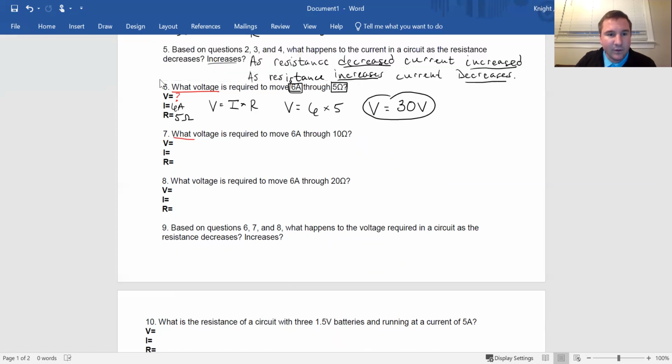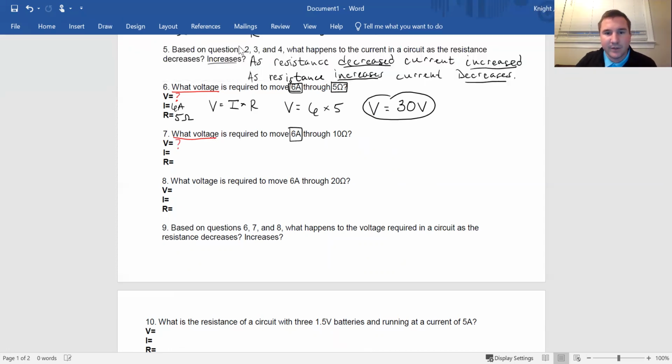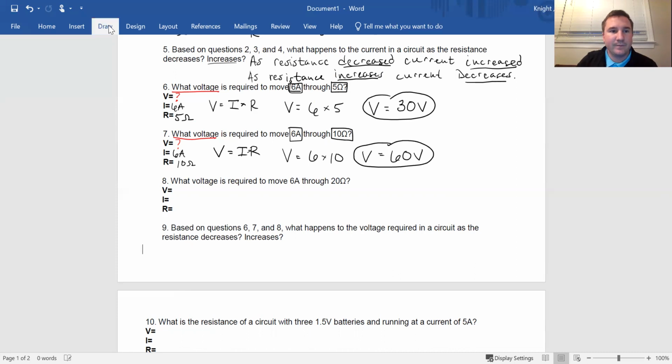Again, same question. What voltage? So I'm looking for V again. 6 amps, there's my current. 10 ohms, there's my resistance. So 6 and 10. And because we're looking for voltage, it's the same equation we used before, I times R. So we'll get 6 times 10, and 6 times 10 is 60 volts. There we go.